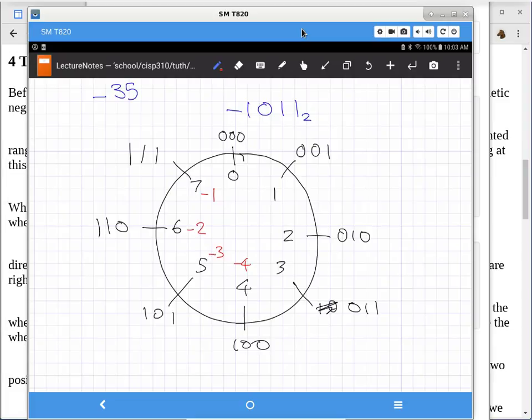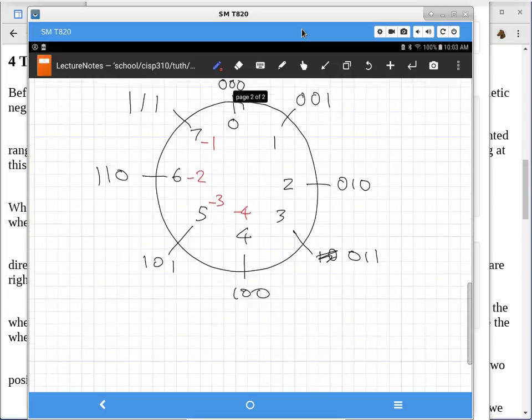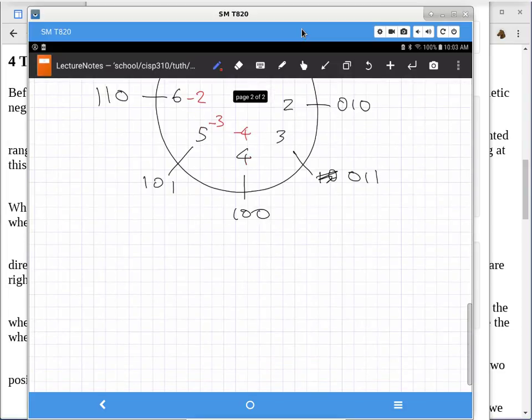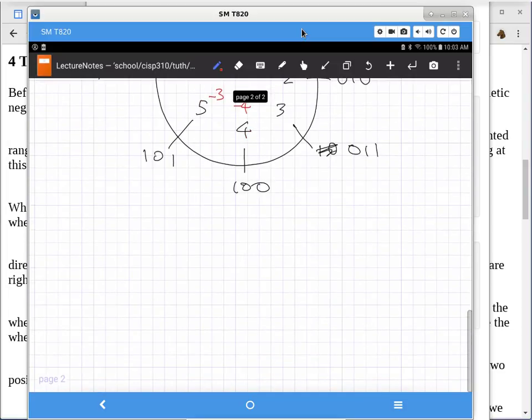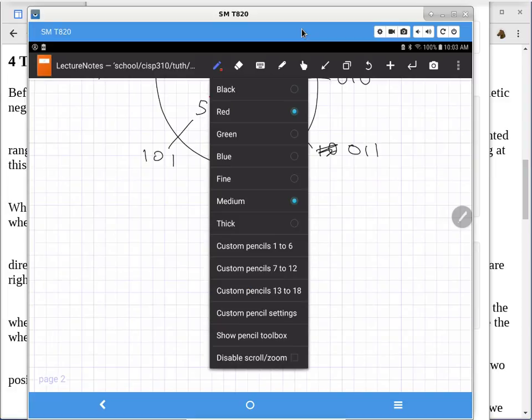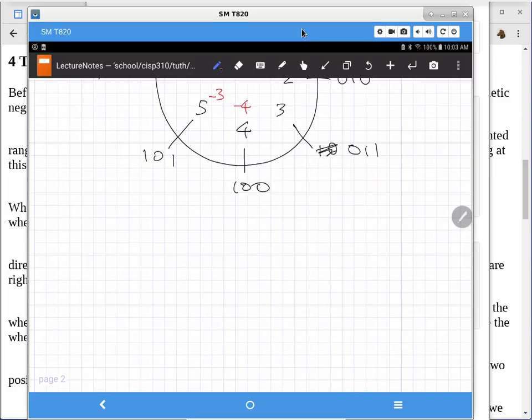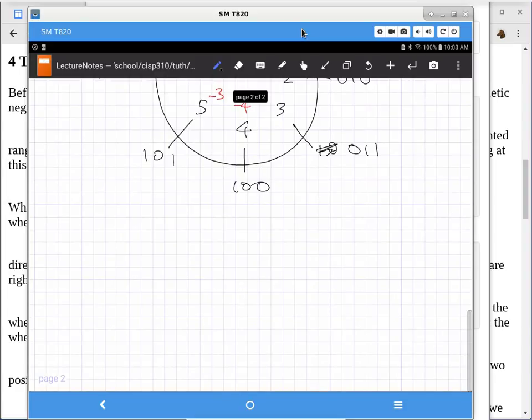Now with 3 bits, I can only do a limited amount of calculations, but nonetheless, we can do it. Let me change my pen back to black. We'll figure out something like 111 minus 010.